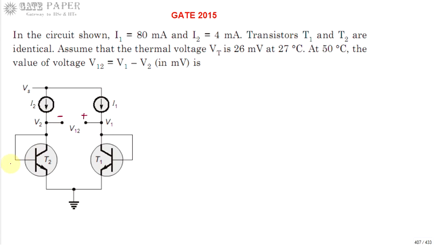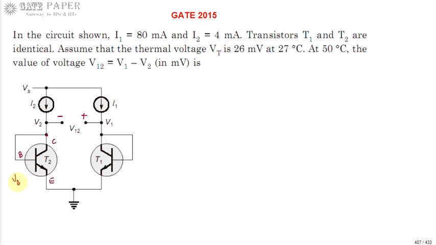If you observe transistors T1 and T2, V2 is nothing but the voltage from this point to this point. We know that in the transistor symbol the arrow is the emitter, the opposite terminal is the collector, and this side is the base.